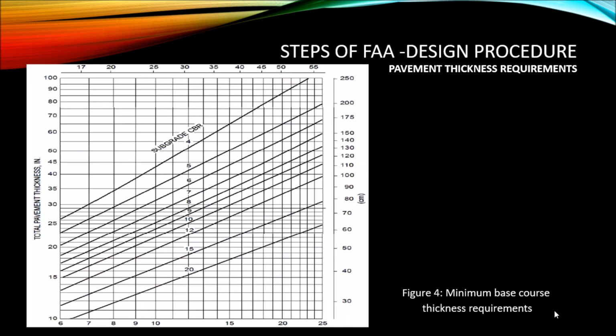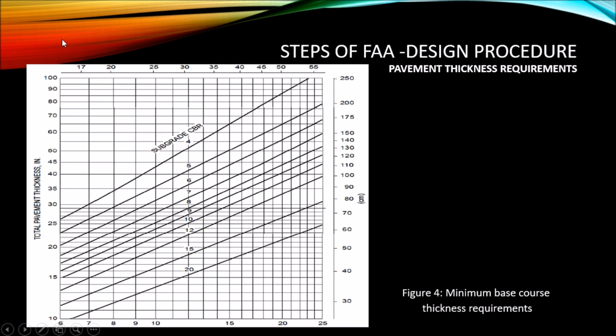So you can see the minimum base course thickness requirement that is needed for our pavement thickness. We have the total pavement thickness here, and these graphs are for subgrade CBR of 4, 5, 6, 7, 8, and up to 20.